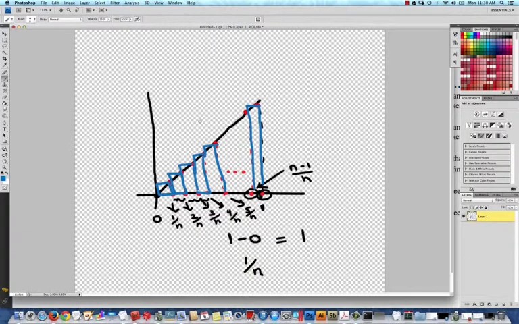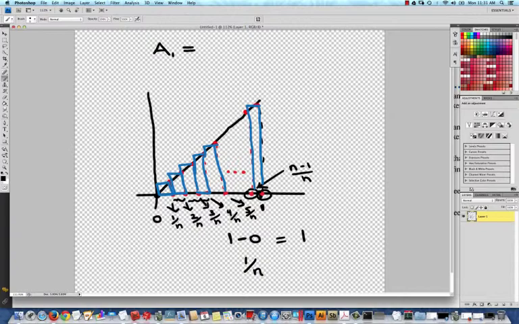Okay, so let's first consider A sub 1. A sub 1 means I only have one interval, so n is equal to 1, so it's the whole thing. It's from 0 to 1 is the base of the triangle.